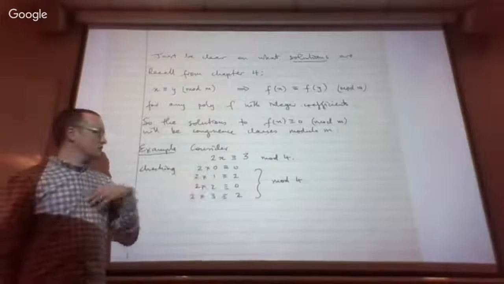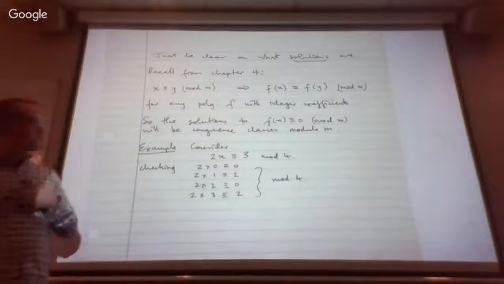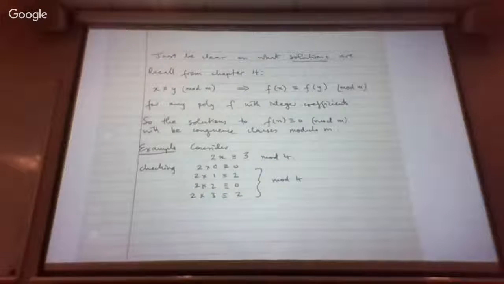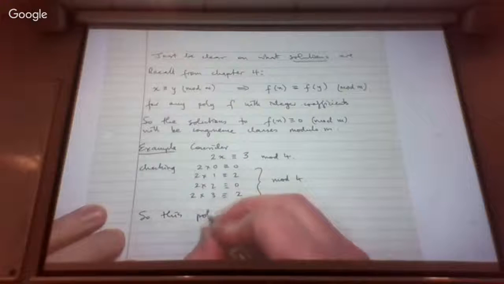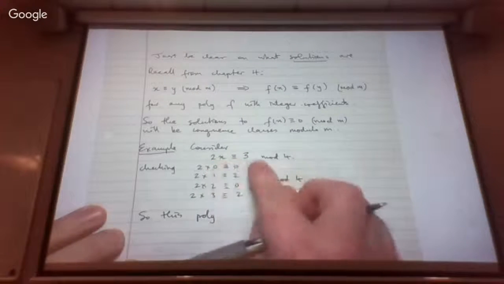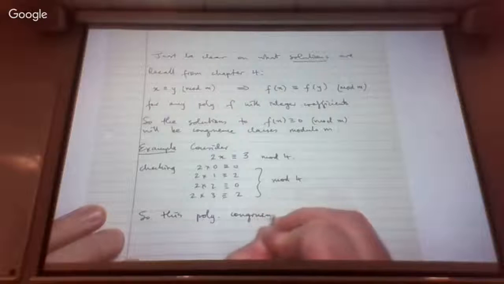So by just, really unsophisticated, brute force checking all the possibilities, we find we never get 3, so there are no solutions. So this polycongruence, it's just a simple polynomial 2x minus 3, we're trying to solve that congruent to 0 modulo 4, this polycongruence has no solution.